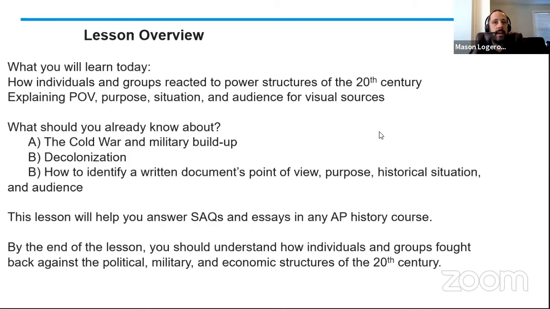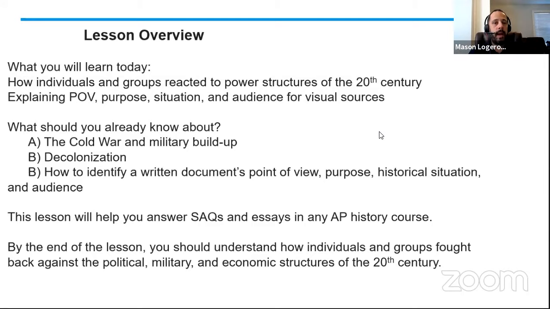So what I want to do today is take a much broader look at the 20th century and ask the question of how did individuals and groups of people respond to the power structures, whether it be governments or economies, and to the changes in power structures in the 20th century.